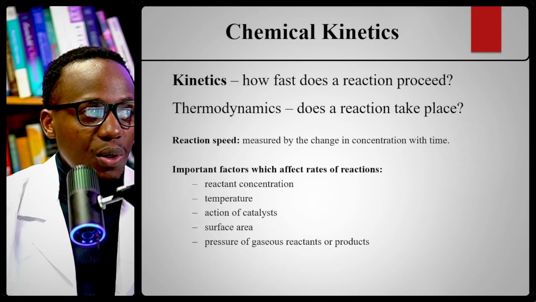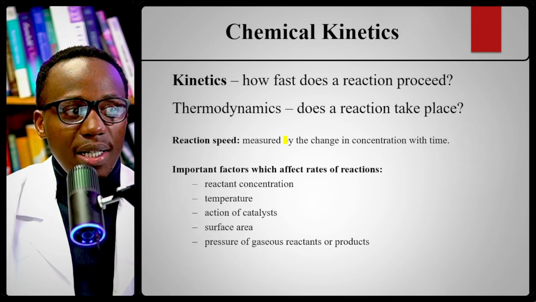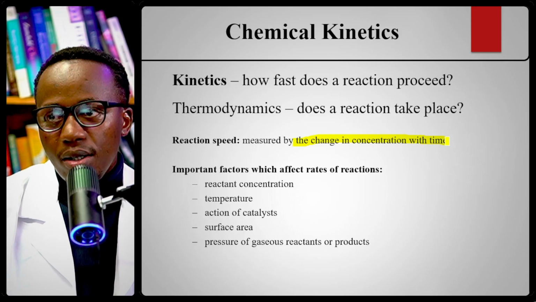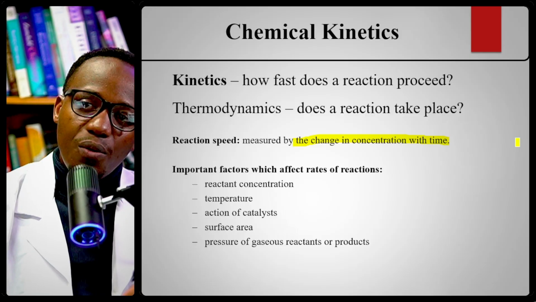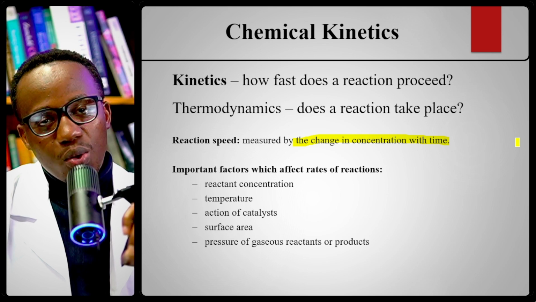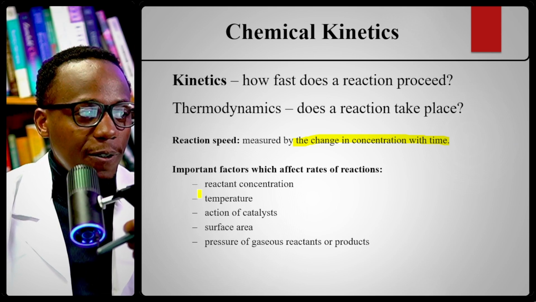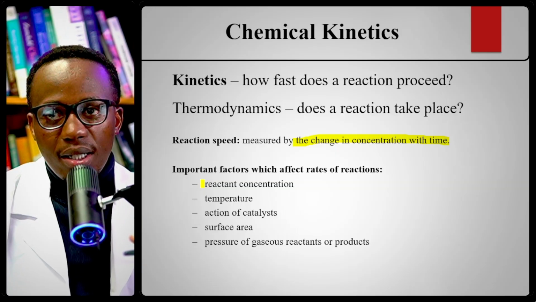So the reaction speed that we're going to be measuring is going to be measured by the change of concentration in time. Change of concentration of what? It may be change of concentration of the reactants or change of concentration of the products, depending on what we're looking at.